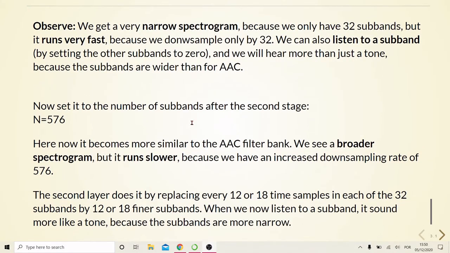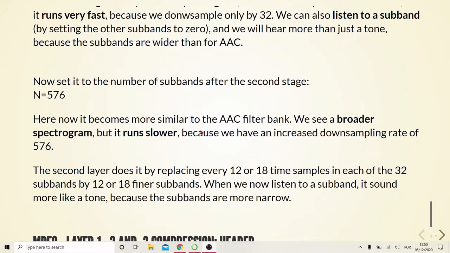So we see that it becomes more similar to a HeAAC filter bank, and we see a broader spectrogram, but it runs a bit slower because we have an increased downsampling rate of 576. So the second layer does it by replacing every 12 or 18 time samples in each of the 32 subbands by 12 or 18 finer subbands.